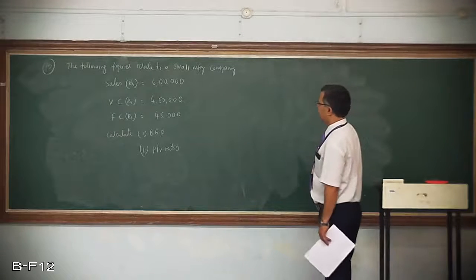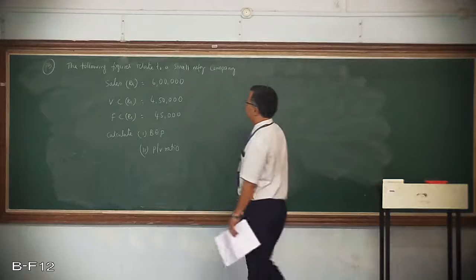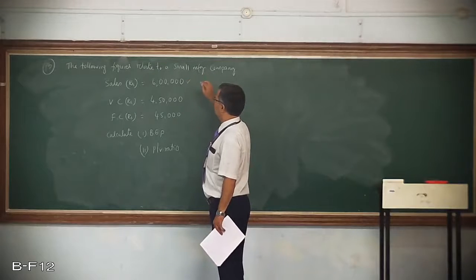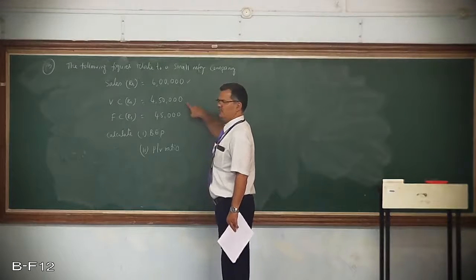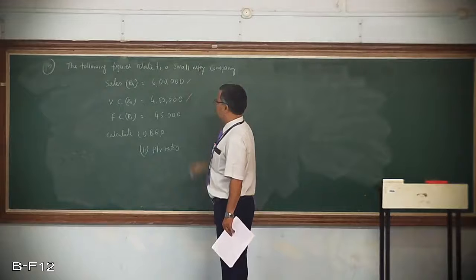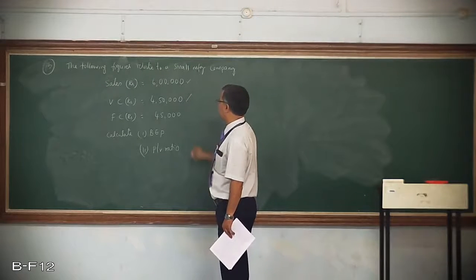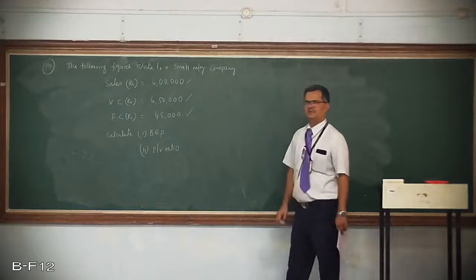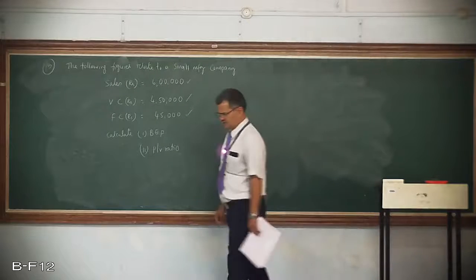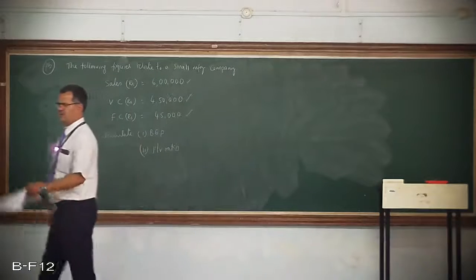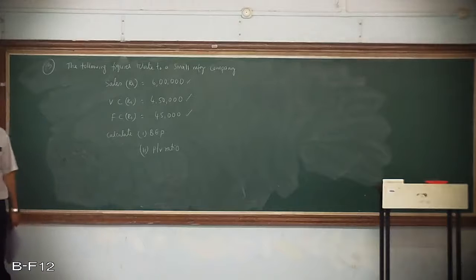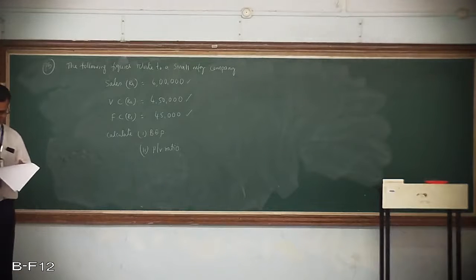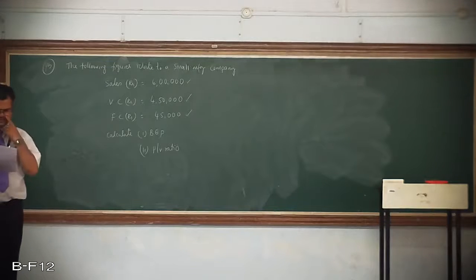So there are three data given: sales worth 6 lakhs, variable cost of rupees 4,50,000, fixed cost is 45,000. Now find the value of break-even point, meaning how much quantity they have to manufacture, and also the PV ratio.